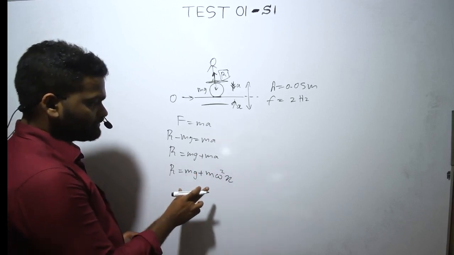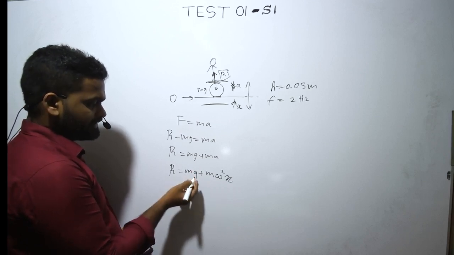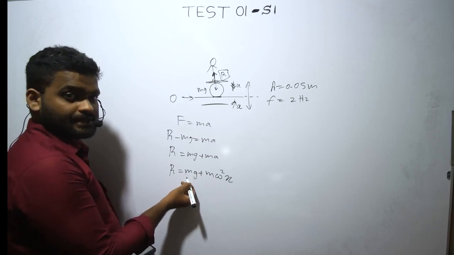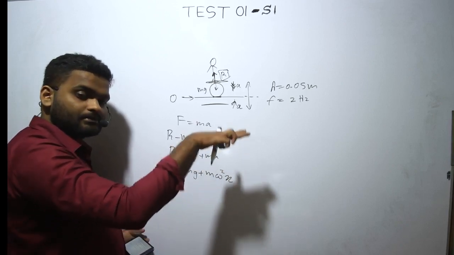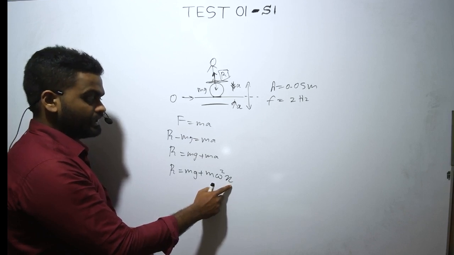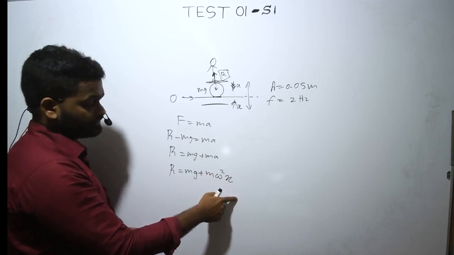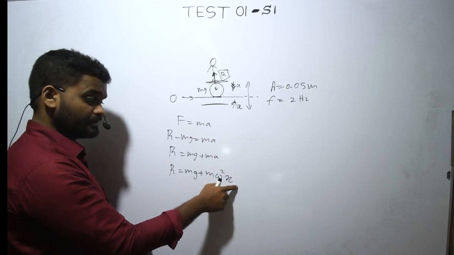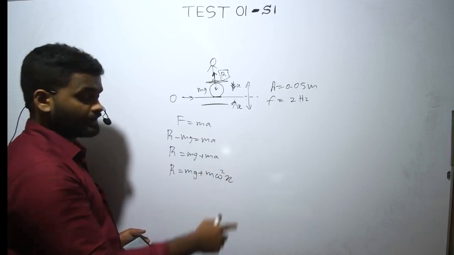So from this equation, you can see this term is a constant, right? Mg does not change, but as it is in simple harmonic motion, this x changes. This x can be plus A or minus A, right?